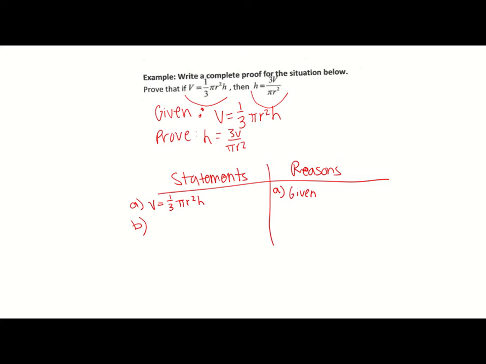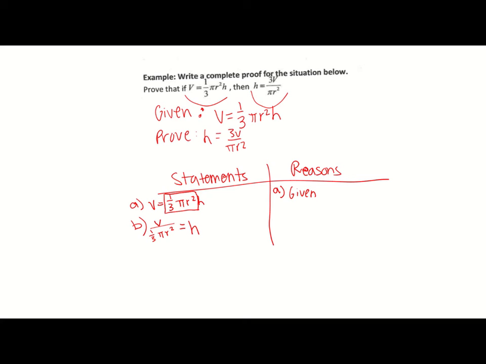I can multiply by 3. Or if I want to get rid of all this stuff right here at once, all this stuff right here is being multiplied by h. So if I want to get rid of all that stuff being multiplied by h, I can divide by all that stuff being multiplied. So I have v divided by 1/3 pi r squared equals h.